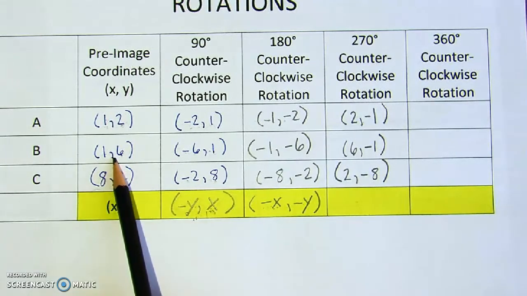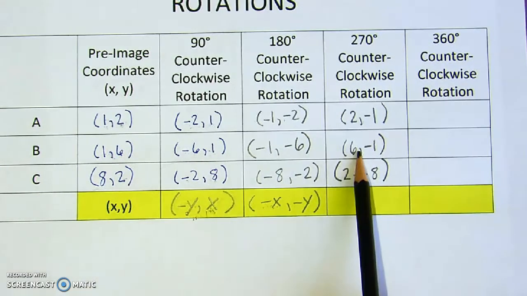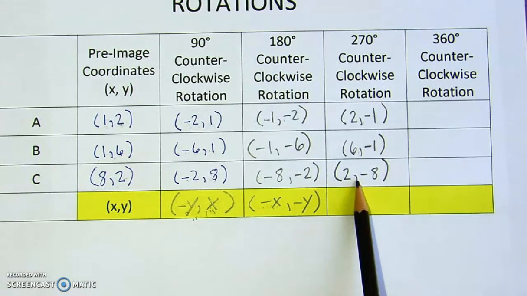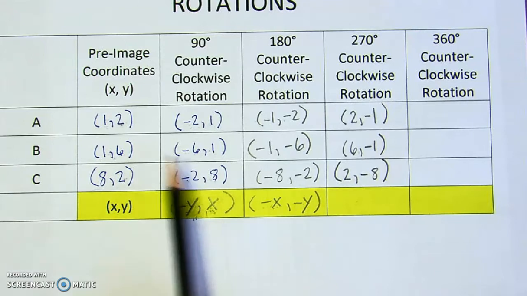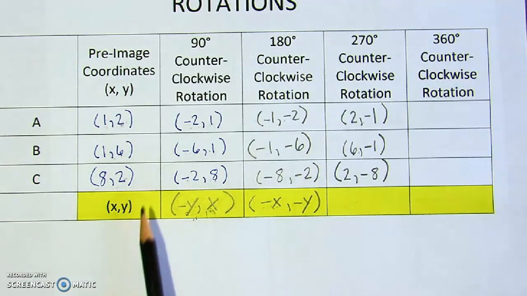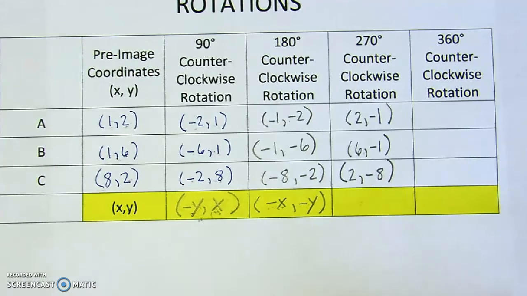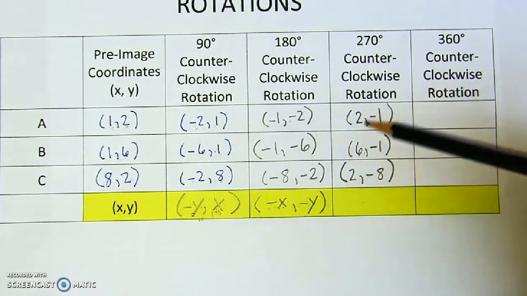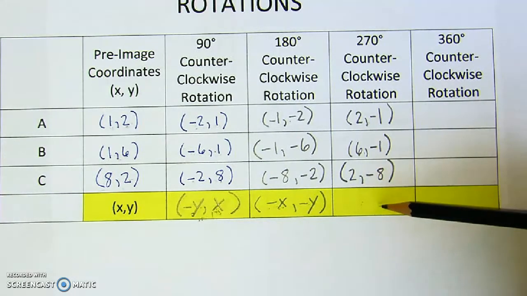And then compare 1, 6 to 6, -1, and 8, 2 to 2, -8. The fact that these numbers are repeating, maybe in a different order, maybe with a different sign, that's not a coincidence. The same way it wasn't a coincidence in any of these other spots right here. So see if you can figure out that pattern and come up with that rule right there.